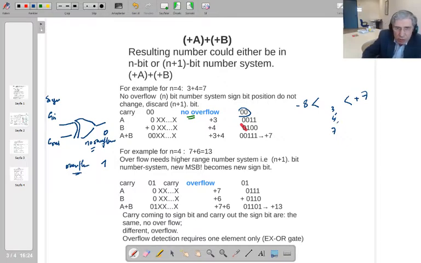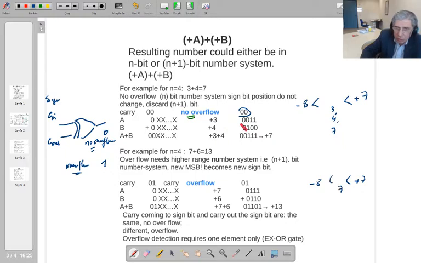Now let's come to this area. These could be proved mathematically. I am not using the mathematics here, and I am giving you how it is done through an example. So okay, then we said this is the no overflow case. There is an overflow case. Let's say this 7 and 6, once again, -8 to +7 is our range.